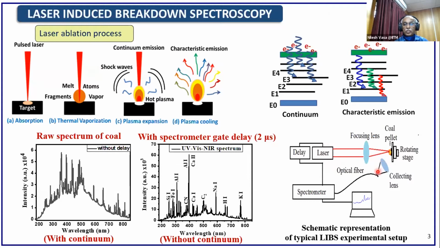And then it also involves a spectrometer which collects the optical emissions, and we will show you that we also can involve a photomultiplier tube and ICCD systems in order to determine further details of this plasma plume which is being generated, and derive better information related to the elemental analysis.